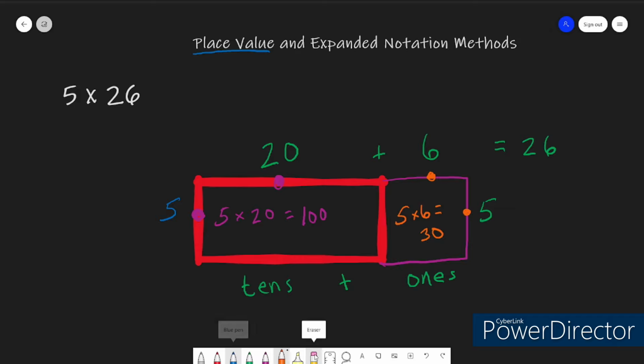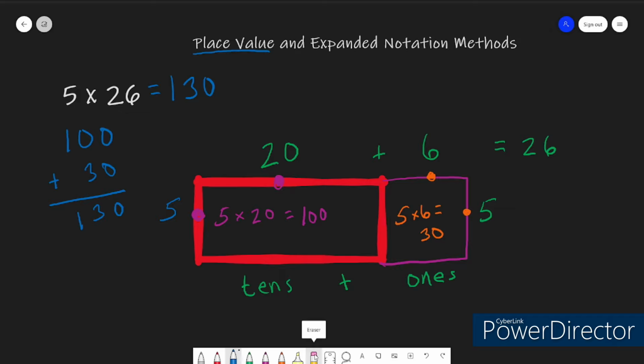And finishing the equation, we will be adding from the tens box 100 plus the ones box, as described earlier, which will give us 130 as the answer for 5 times 26. And that is how you utilize the place value.